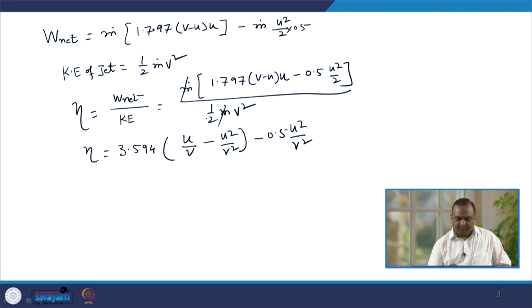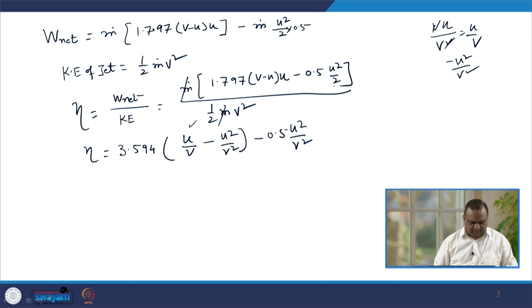What we have done, we have simply multiplied this 1.797 by 2, and u v divided by v square is u by v. Then minus u square by v square has come here. Similarly, minus 0.5 u square by v square has come here.